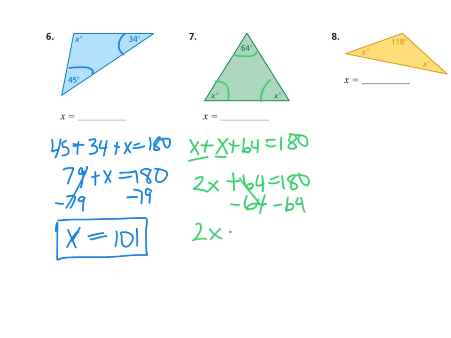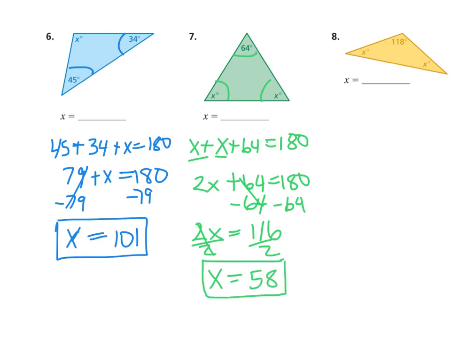I'm going to get 2x equals 180 minus 64, which is 116. And then this is 2 x's, so you're going to divide by 2. And then you get x equals 58. And you can always go back and check. I could plug in 58 here, 58 here, and add these 3 up and see if it comes out to 180. It should.